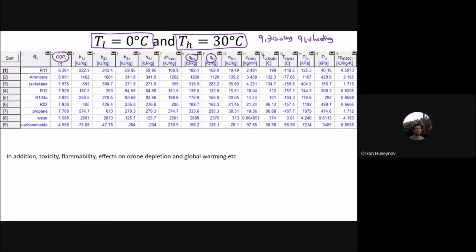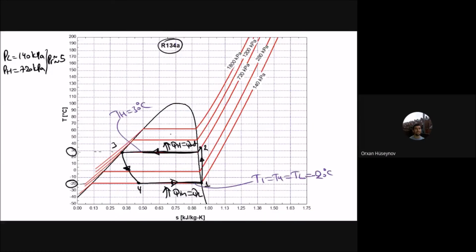Both QL and QH depend on the change of enthalpy during vaporization. If you go back to here, during QL and QH you have a phase change.